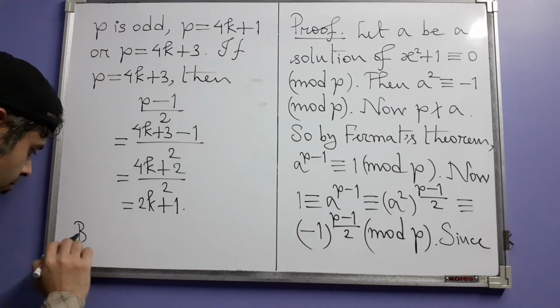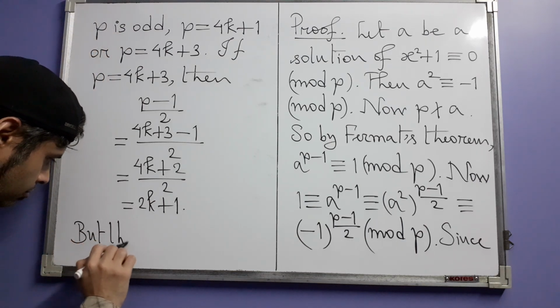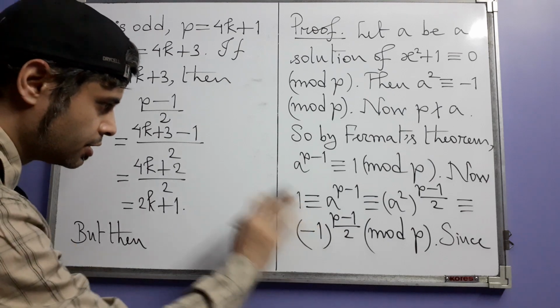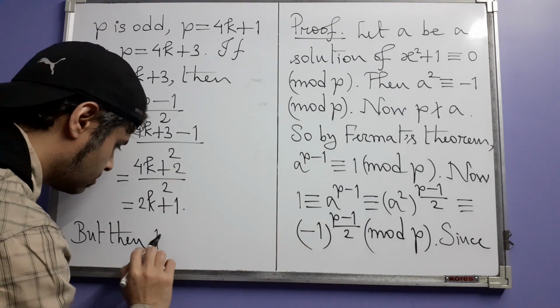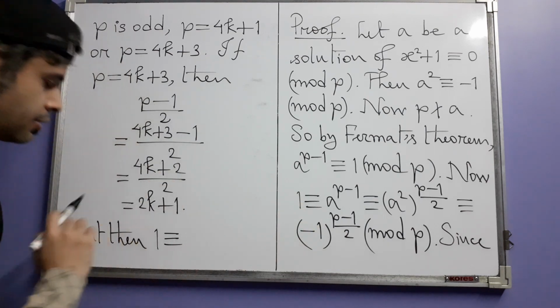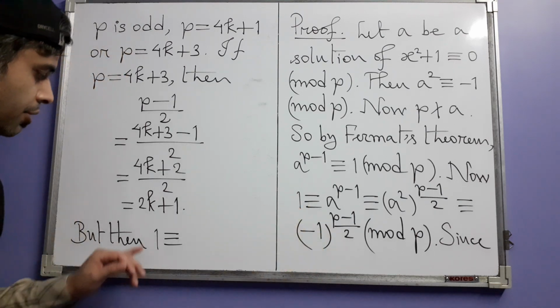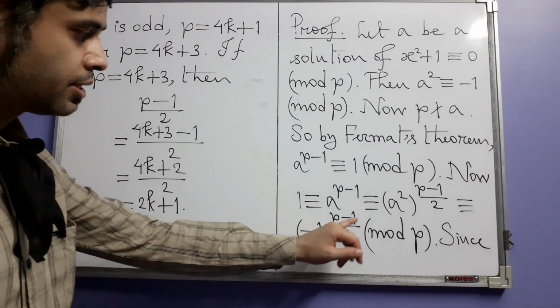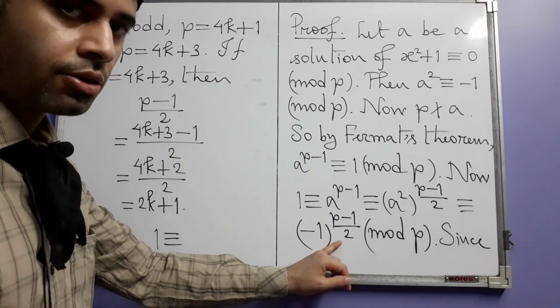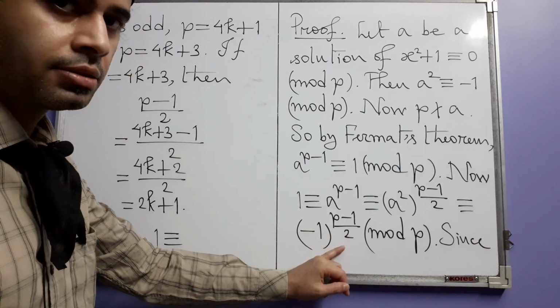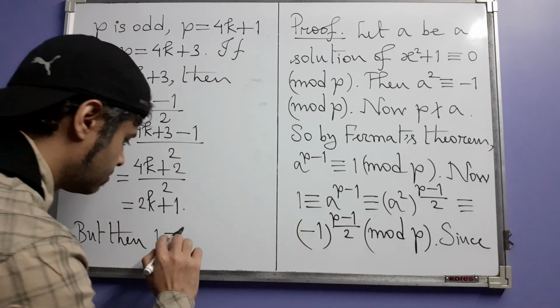But then what happens to this congruence? The left hand side of course is 1, and what will happen to this right hand side? Because this is after all an odd integer, so having an odd exponent over minus 1, it will be minus 1.